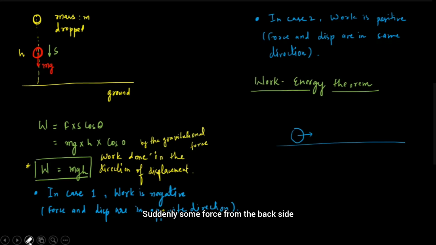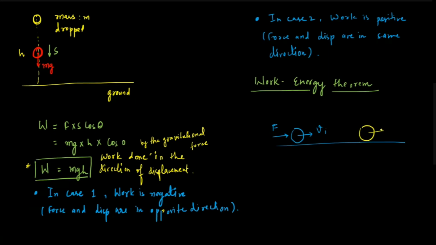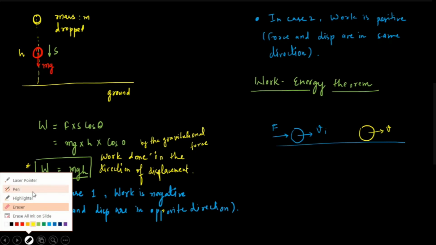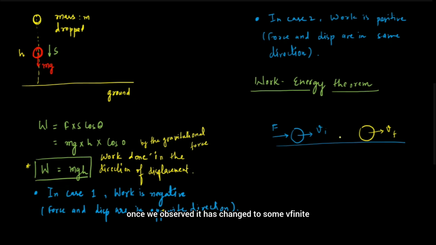Suddenly, some force from the backward direction starts acting on the given mass. Now we already know what will happen to it. This object will experience a change in its velocity because of the acceleration. So we can say that the final velocity of the object, once we observe it, has changed to some v final. During that period, it must have done some displacement.